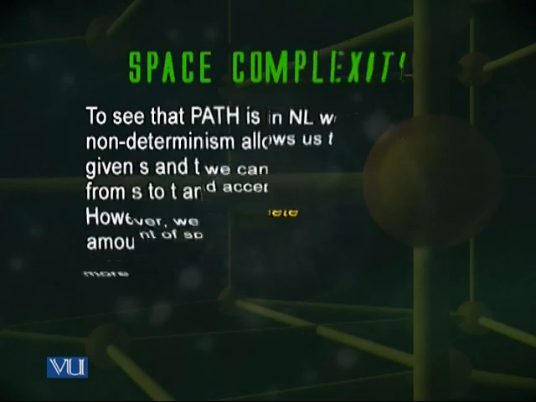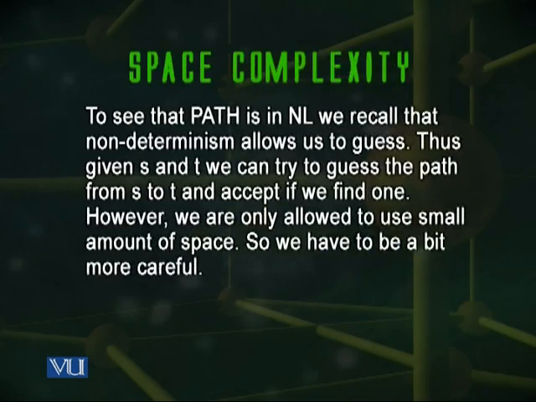So let's begin. To see that PATH is in NL, we recall that non-determinism allows us to guess. Thus, given S and T, we can try to guess the path from S to T and accept if we find one. However, we are only allowed to use a small amount of space, and therefore we have to be a bit more careful.